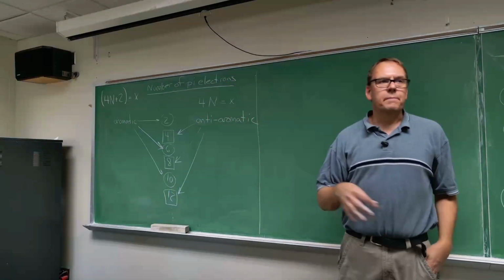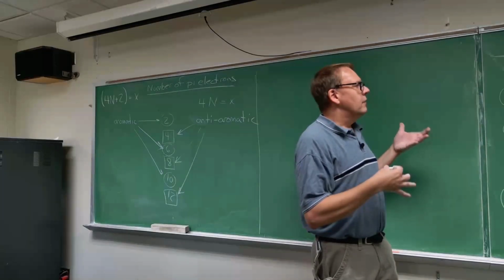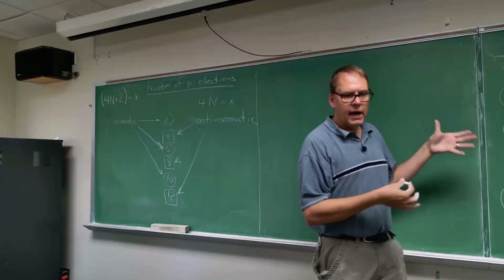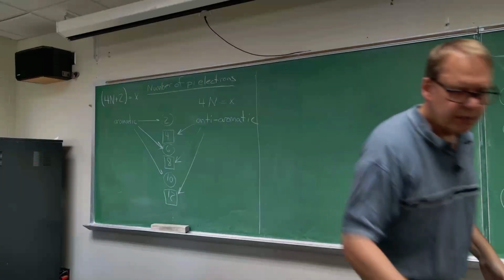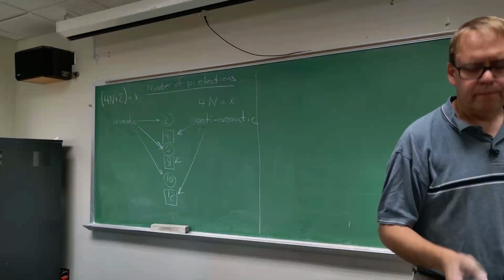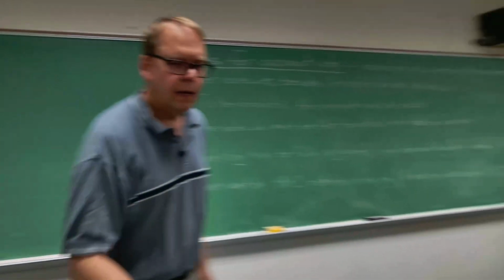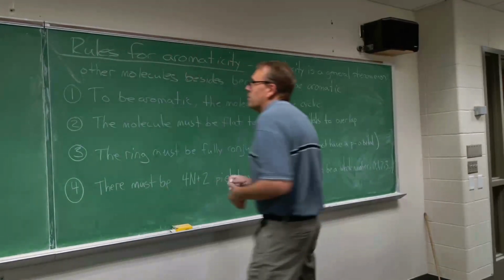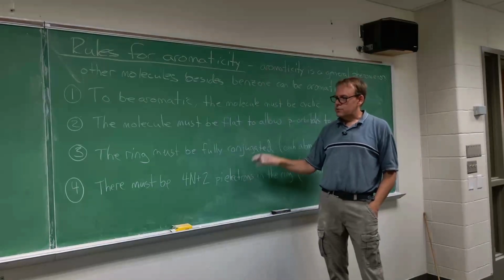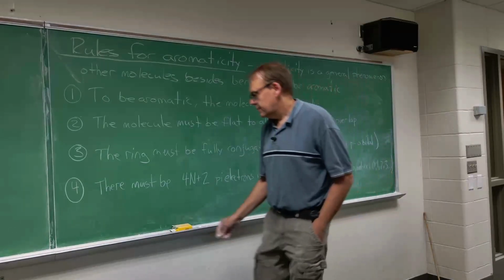So I'm now going to explain a little bit about other situations. Flash back to this set of rules over here that we talked about before. There are all these rules for aromaticity. If the molecule follows all of these rules, it will be aromatic.